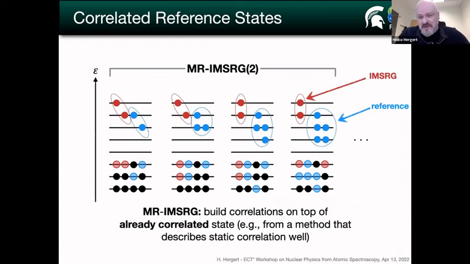But in the IMSRG, we can actually work with states that already have some correlations built in, right? In this case, we can take a reference state that contains collective correlation and then build the few-particle so-called dynamical correlation, where a few nucleons get excited to very high energy, and include that on top of the statically correlated, or collectively correlated, reference state.